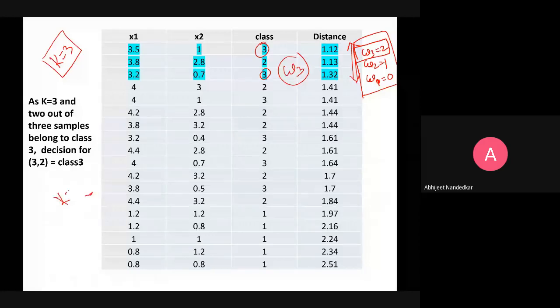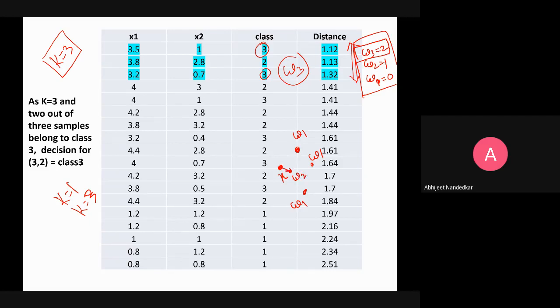Now if you compare k equal to 1 and k equal to 3, the advantage of taking more neighbors is that you will theoretically get a stable result, because it so happens many times that the nearest sample is noise. Suppose this is x, this is an omega 1 sample, this is also omega 1, this is omega 1, but by chance this one, which is very close, is omega 2.